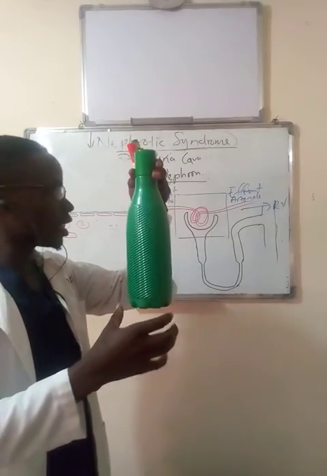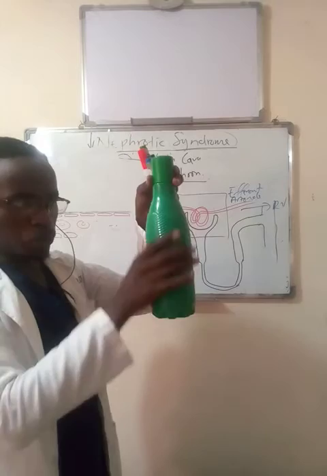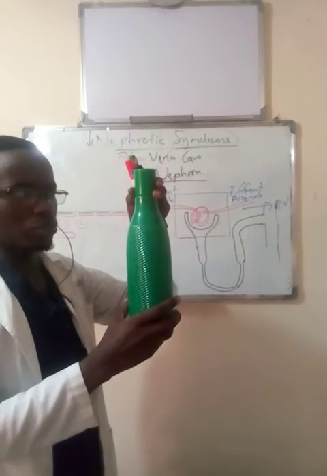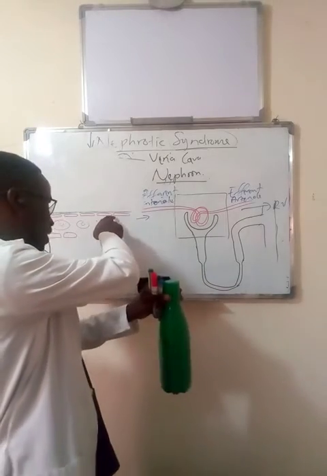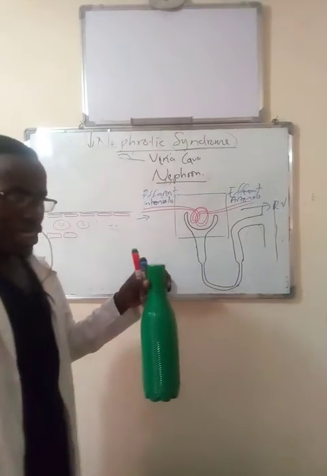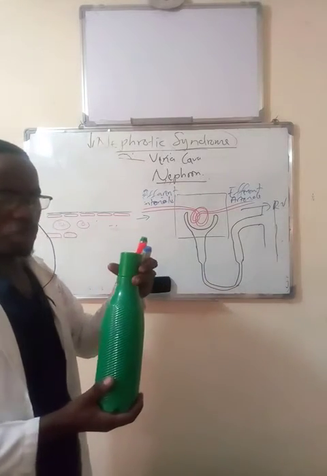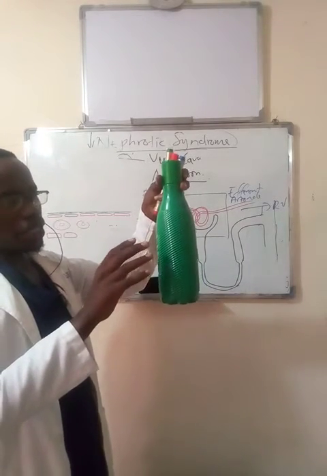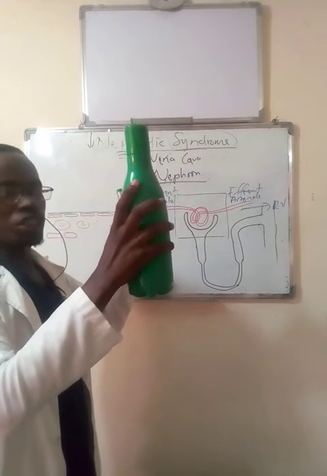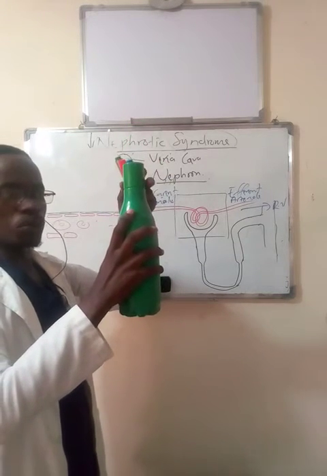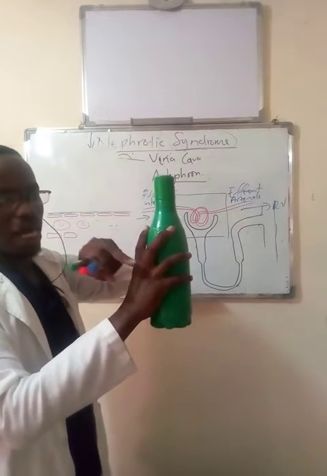Then from inside you have the cells, which are basically squamous epithelium. Then from the outside you have cells which attach to this basement membrane, the way my hand is attaching like that. And then there are those finger-like or foot-like processes, such that even those spaces there.